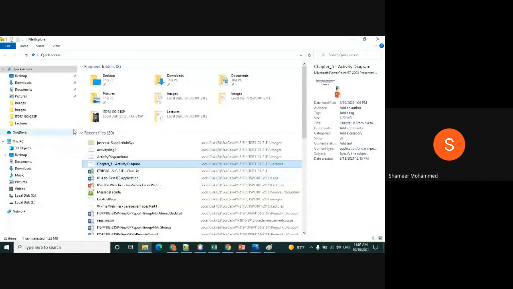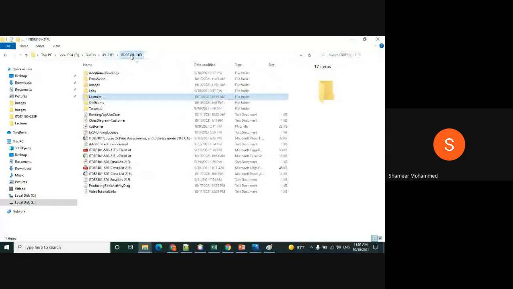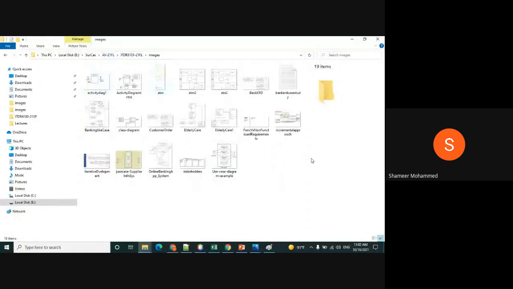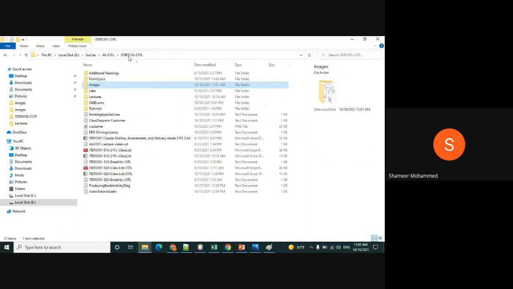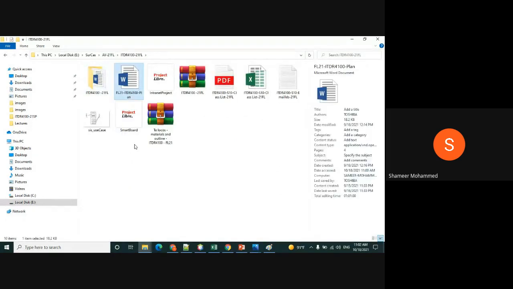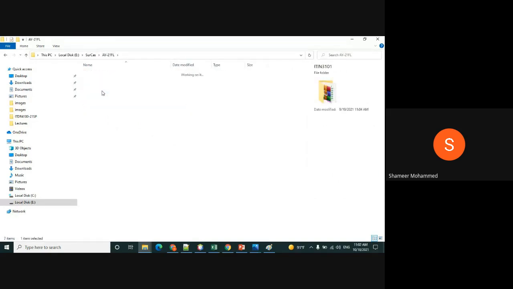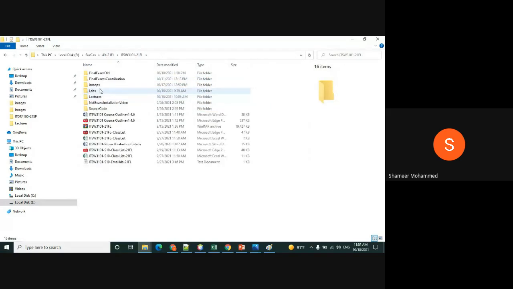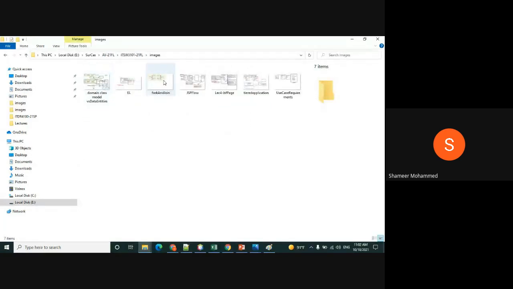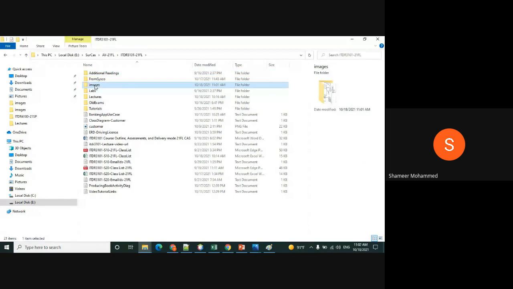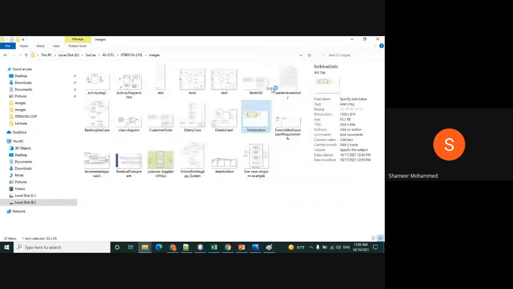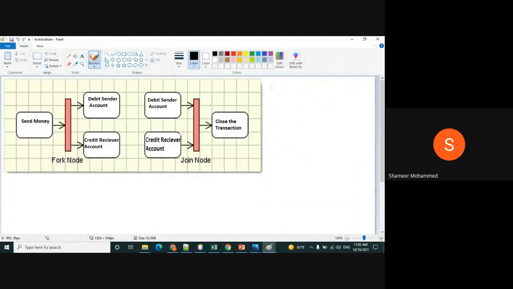Fork and join. See, I have put it here. Okay, see, suppose you are sending the money. This task is split into two paths.